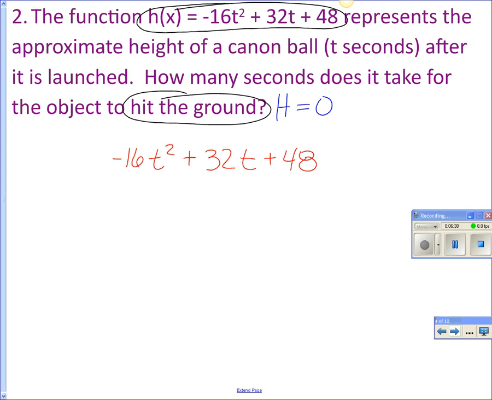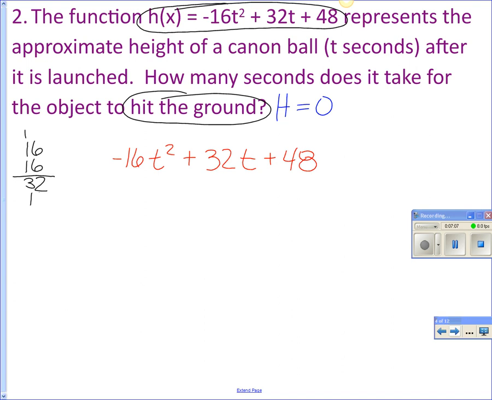GCF. I always want you to try this number. Everybody look up here. I want you to try this number as the GCF. Will 16 go into 16? Yes. Will 16 go into 32? Let's make a little chart of 16s. So 16 goes into 32 twice.